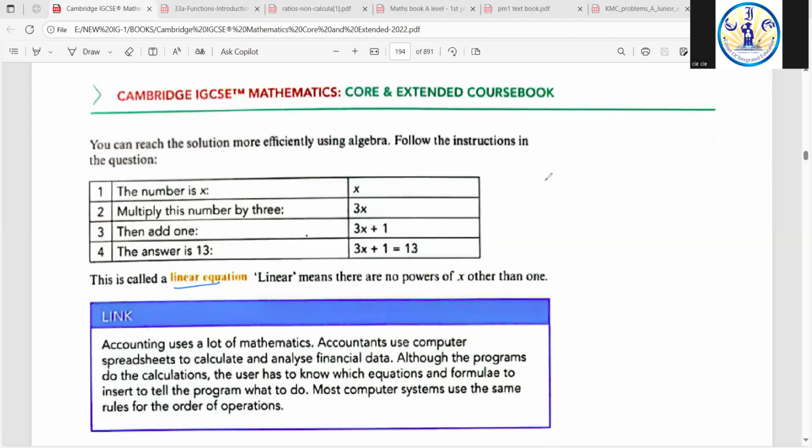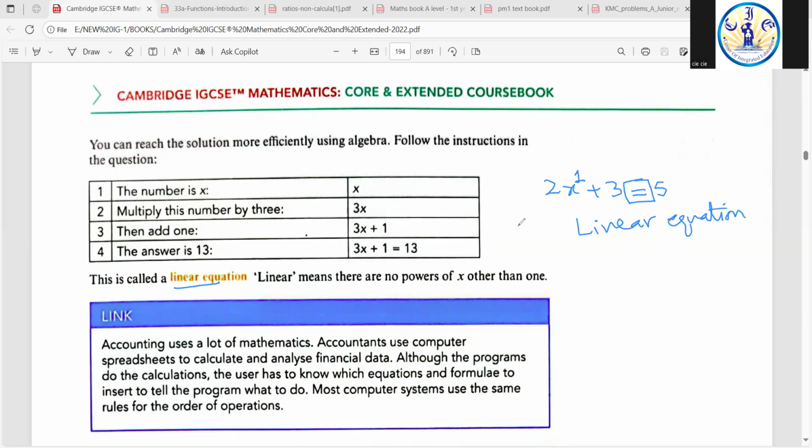So, when I say that 2x plus 3 equals 5, for example, the variable has power 1 and there is an equality sign. So that's why this would be a linear equation.